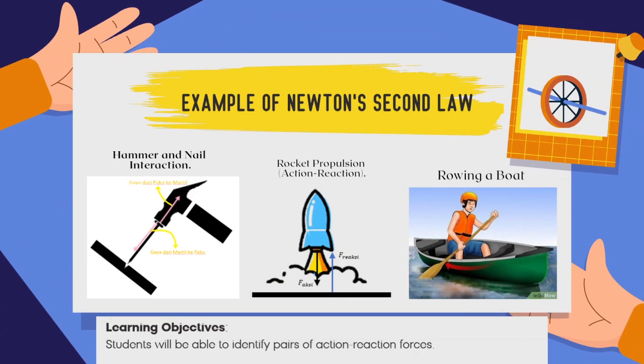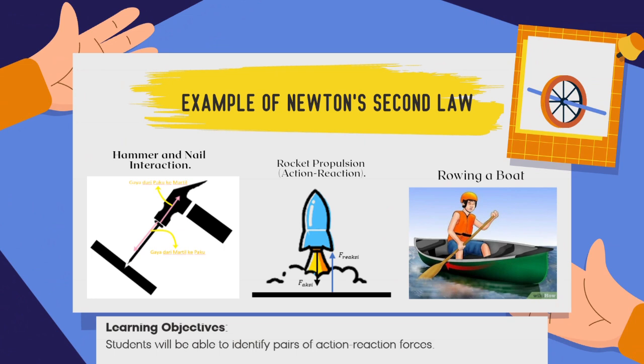Let us look at examples of Newton's third law. When a hammer hits a nail, the nail also exerts an equal force back on the hammer. Another example is a rocket launch. The rocket pushes gas downward. The gas then pushes the rocket upward with an equal force in the opposite direction.